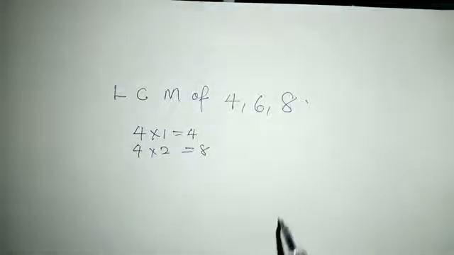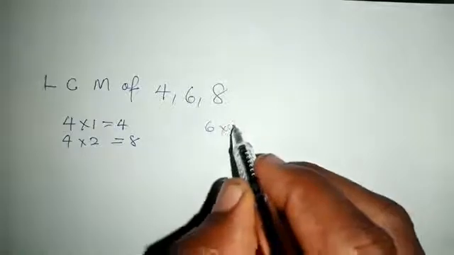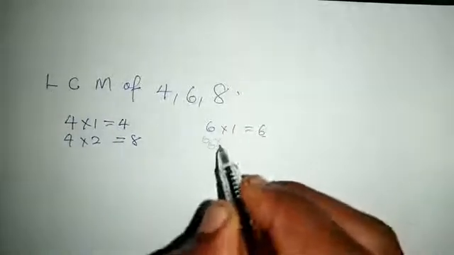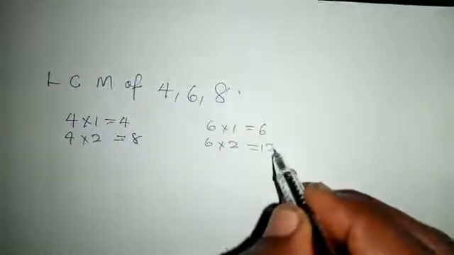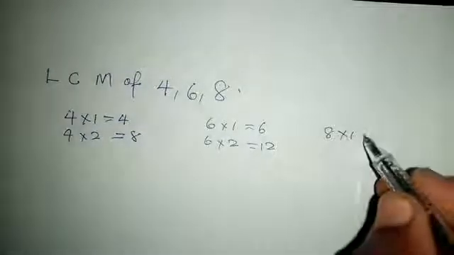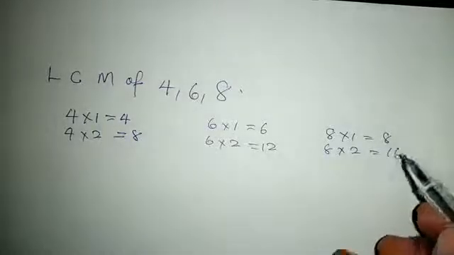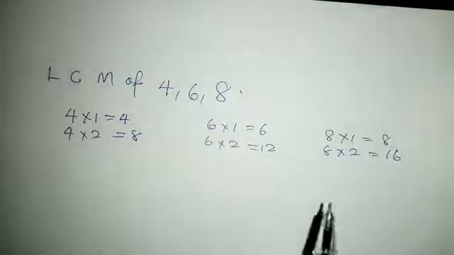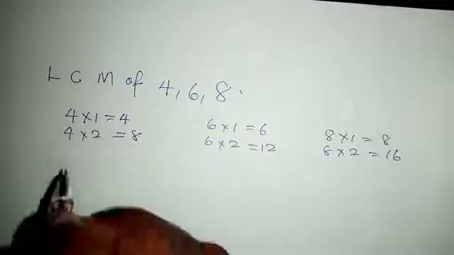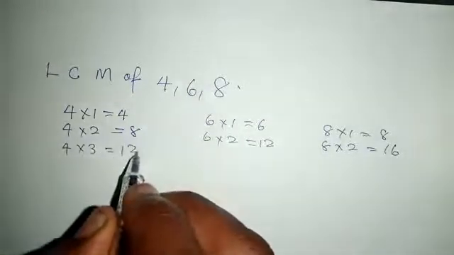Let me be doing them simultaneously. 6 times 1 is 6. 6 times 2 is 12. Then 8 times 1 is 8. 8 times 2 is 16. No number is common yet.